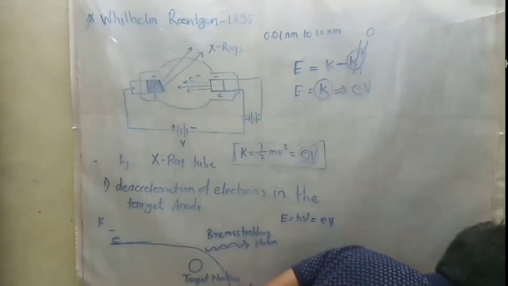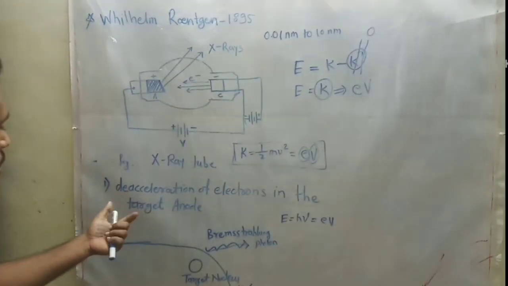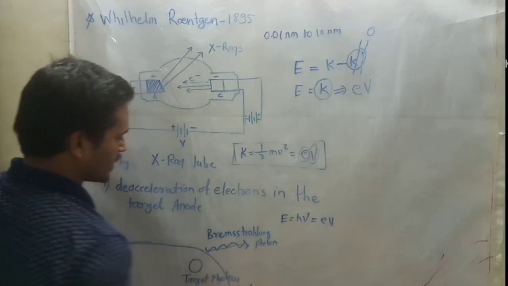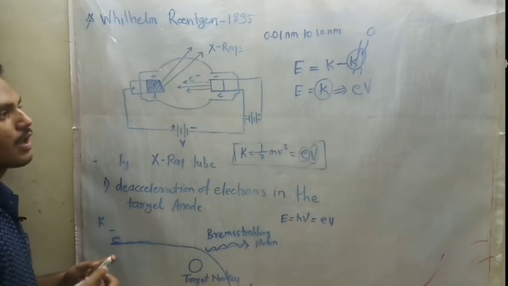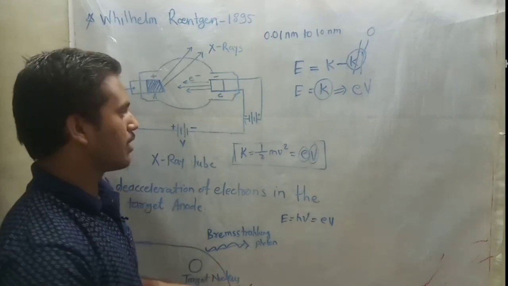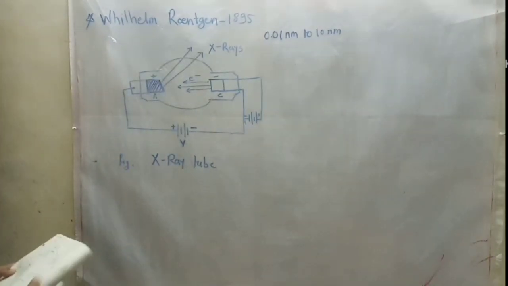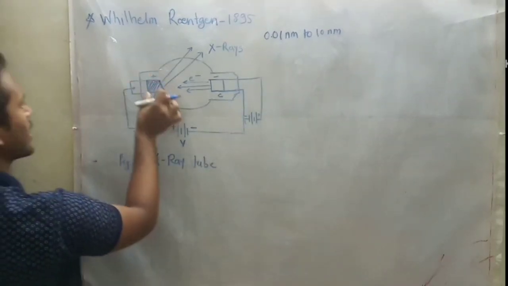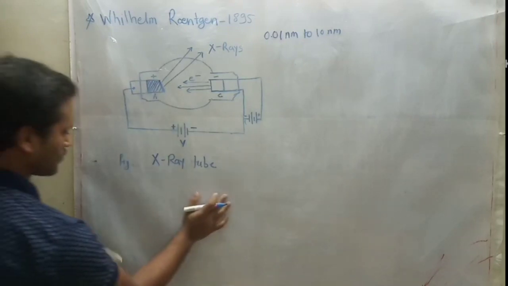Now if we plot the intensity of X-rays with respect to wavelength, the graph for tungsten used as a target anode.